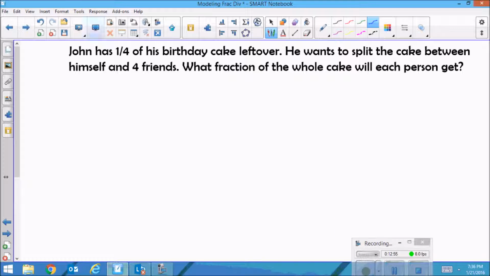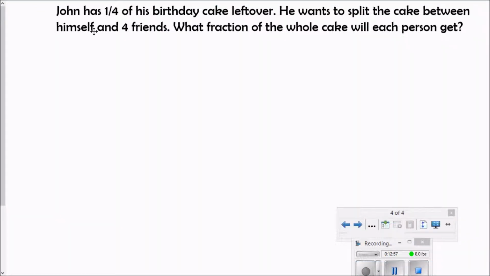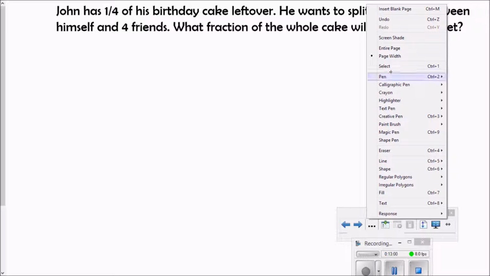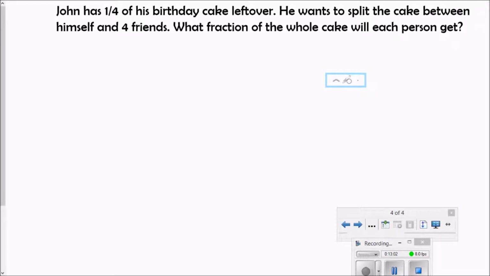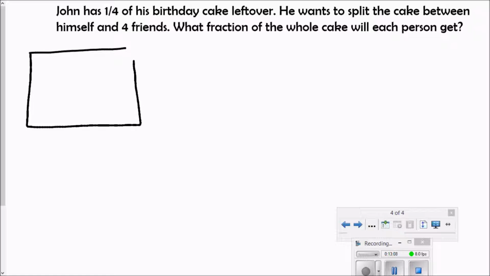So, I'm going to draw a model to represent John's birthday cake. And I'm going to split that birthday cake into 4 parts so that I can show the 1/4 that he actually still has. So 3 of those fourths have been eaten.